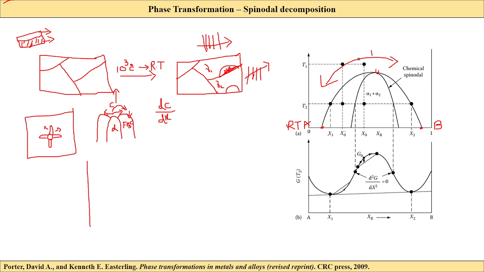And also once the diffusion stops, there will be no further change in composition. Whatever composition we attain at room temperature, we will attain the same composition and microstructure even at 0 degrees centigrade, because we are not allowing any diffusion of atoms. So it will be the same whether you go from room temperature to minus 20 or minus 40 degrees centigrade.